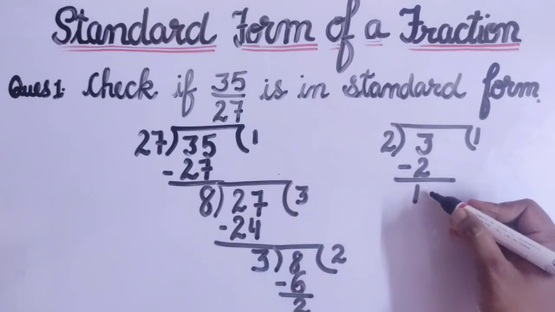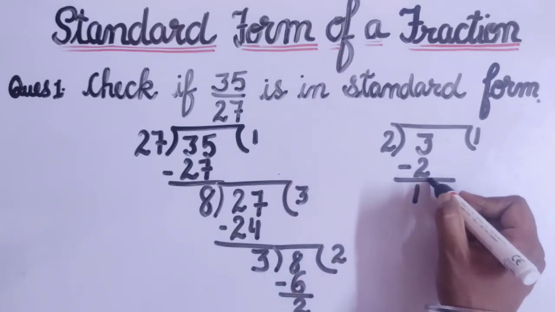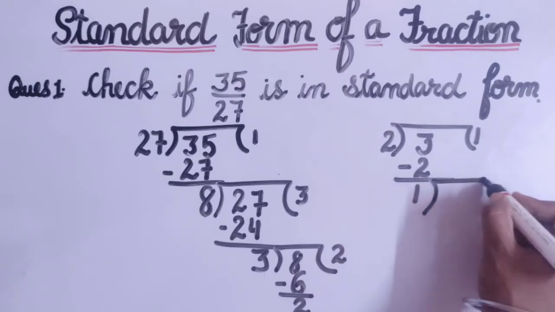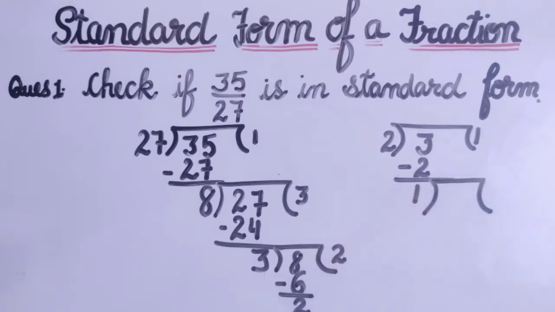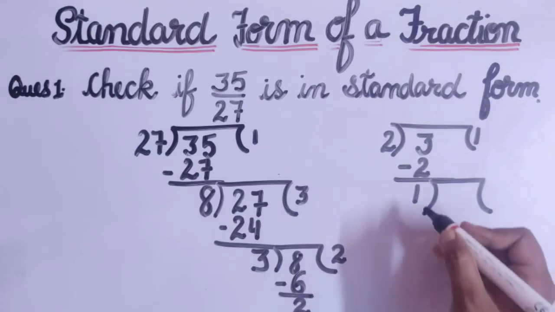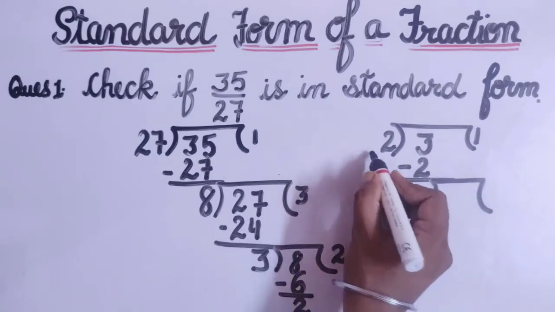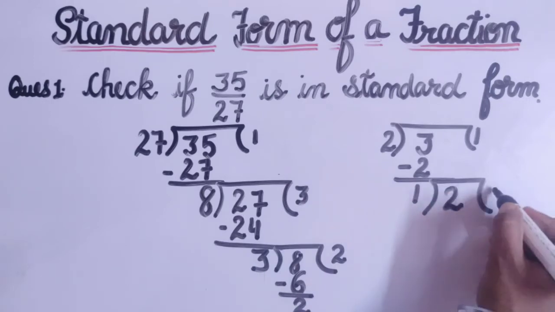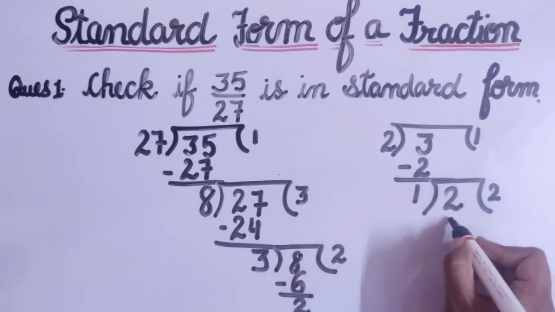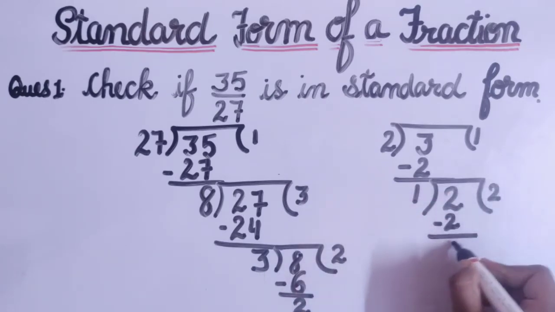Till the time remainder 0 does not come, we will keep on doing the question. If the remainder becomes 0, we will stop there only. Now, remainder is 1. Remainder will become divisor and divisor will become dividend. 1 2s are 2. Now check, students.